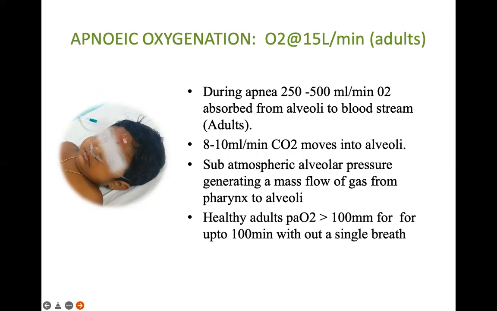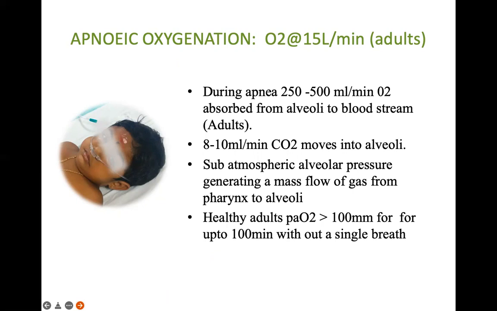Here there is an important concept you need to understand. When your lung is full of oxygen, even when you are not breathing, the oxygen from the alveoli enters the blood. That's the exact reason why, in spite of a 10-minute apnea time, you saw that the SpO2 had not fallen. In adults, they say that around 250 to 500 ml per minute of oxygen gets absorbed from the alveoli, even when the patient is not breathing.